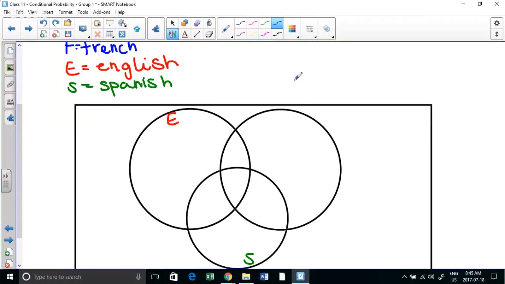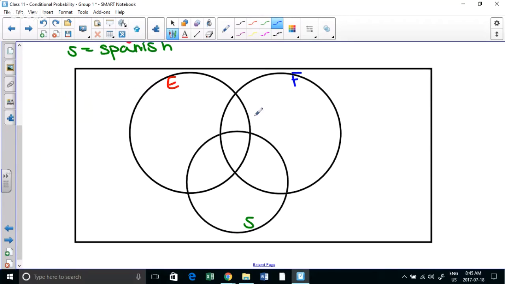English, French. So now what we're going to do is, you see we have several overlaps. So here is the overlap between English and French. Here's the overlap between English and Spanish. Here's the overlap between Spanish and French. And this is the overlap between the 3 of them. So based on the information that we're going to get, we're going to be filling some stuff in.